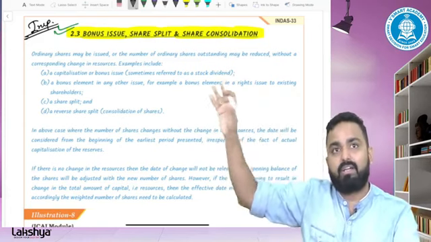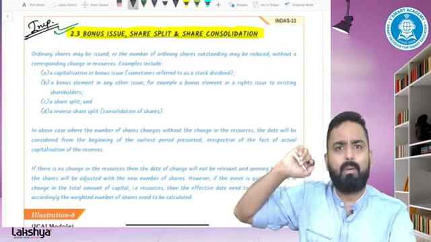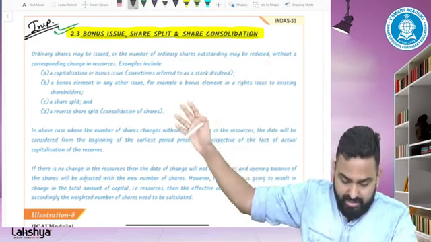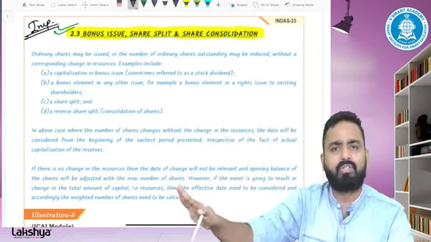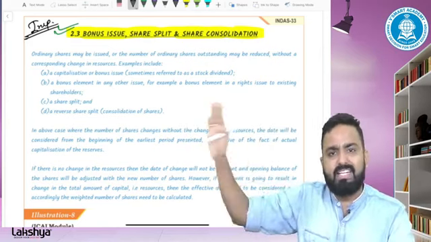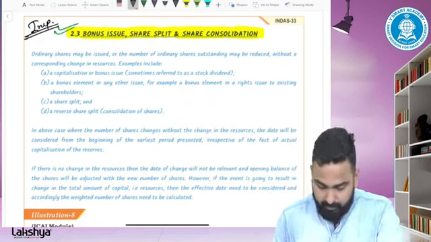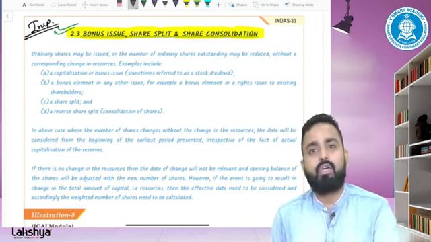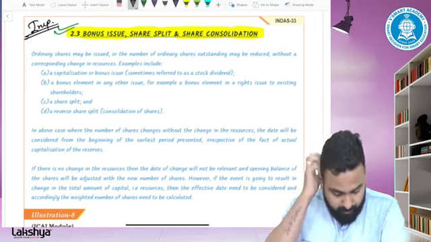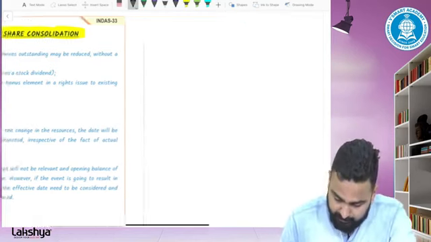In our IPCC intermediate, AS20 was there. So we already understood the bonus part and share split, but let's forget about that. We'll discuss it in detail right now: bonus part, share split part, and share consolidation part.